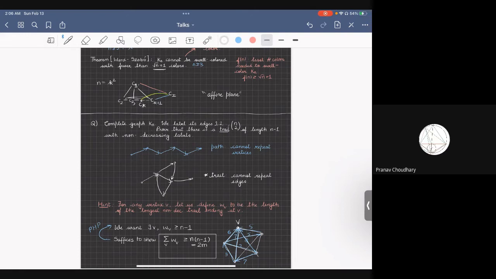Isn't it like we show that every edge is in some longest trail of some vertex? Here, w(v) is defined as the length of the longest non-decreasing trail ending at v. Every edge is a part of the longest trail of some vertex. But even then, it would just show greater than or equal to m, right?